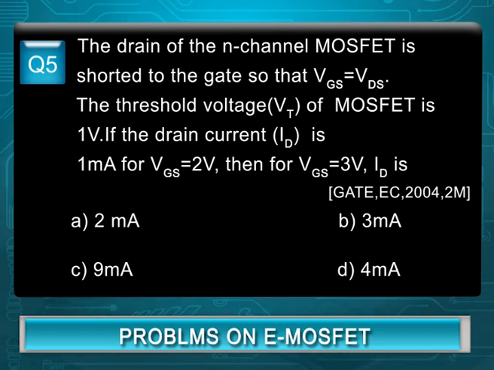A. 2 milliamperes, B. 3 milliamperes, C. 9 milliamperes, D. 4 milliamperes. This is given in GATE EC 2004, 2 marks.